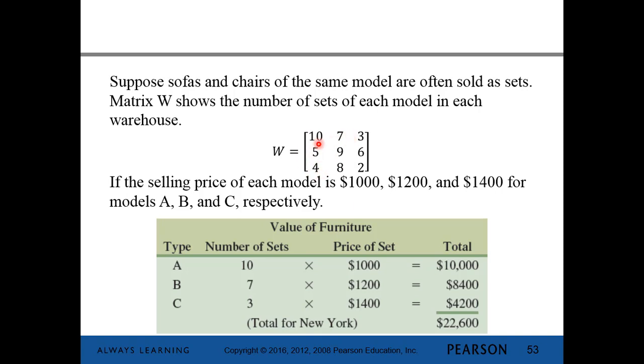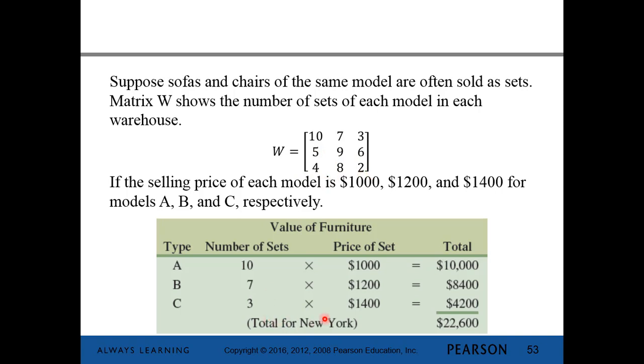These are three different locations, and these are the three different models. Here this column is model A, model B, and this is model C, and then each row represents one geographic region.